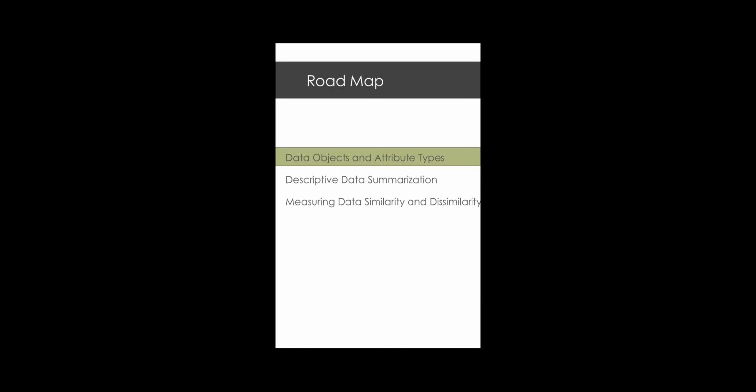In that database you have a number of tables, which are the entities, and an entity is also called a data object. In that entity you have a number of attributes, which you represent as attribute types: nominal attributes, binary attributes, ordinal attributes, and numeric attributes.